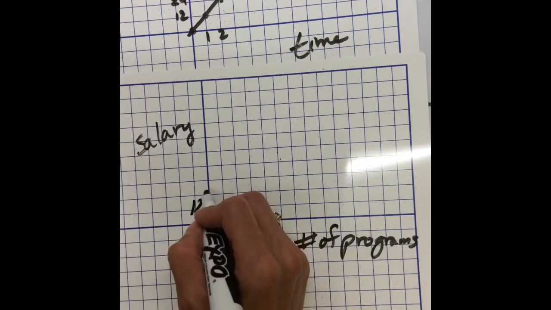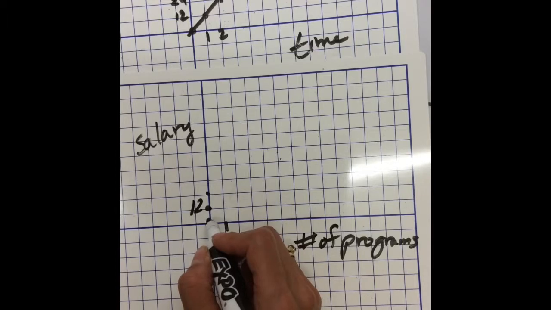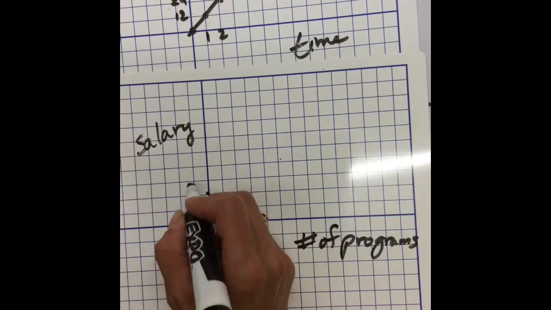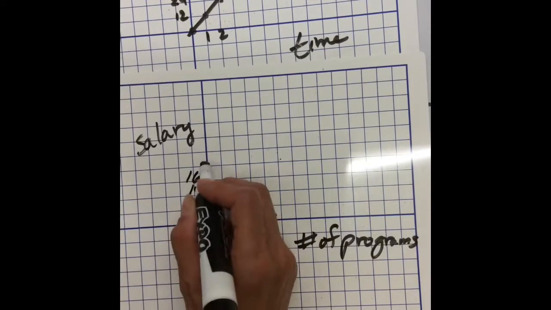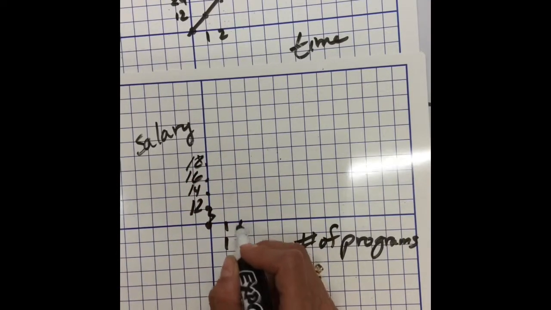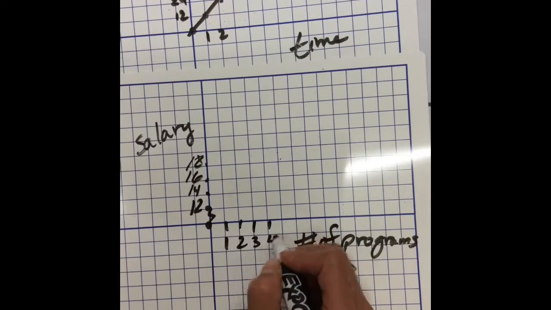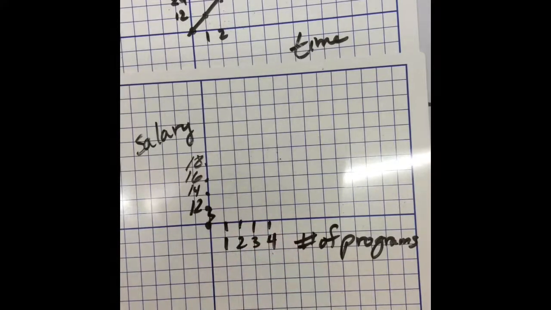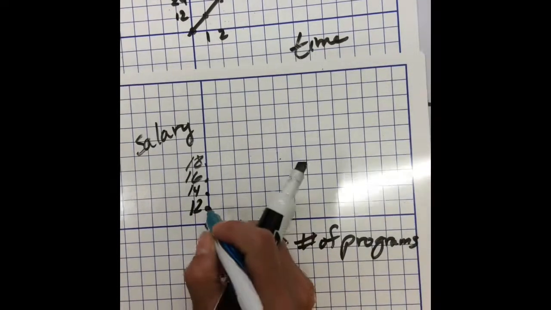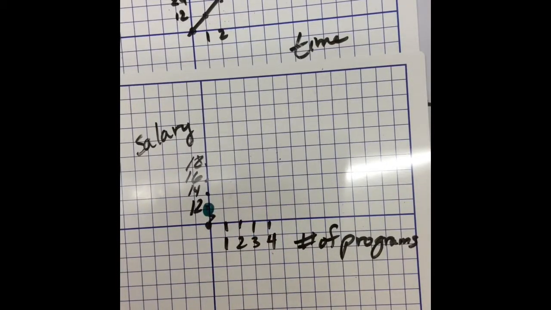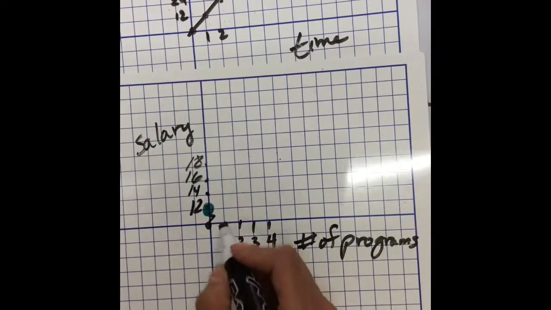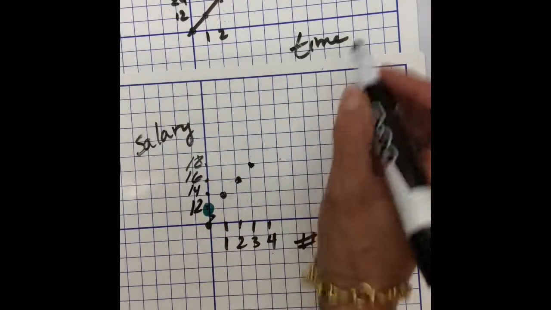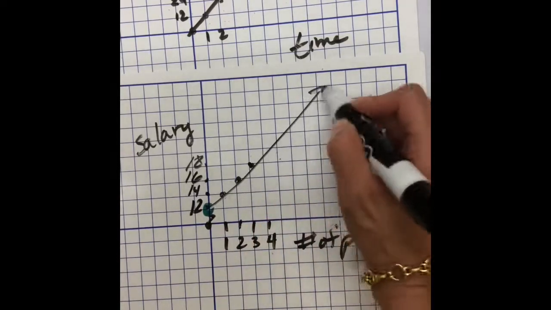When he sold one program, and so I'm going to make a little line indicating that I'm jumping some numbers, and then I'm going to go by 2s, like this. And over here, I'm going to put number of programs. And so when he did not sell anything, he or she still gets $12. We're starting here now. After selling one program, 14, 16, 18, etc. And our line goes like that.